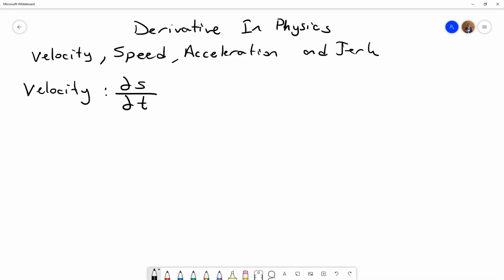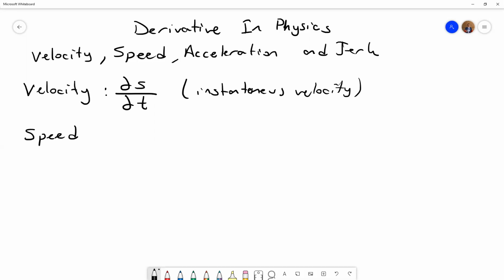This is our function, so this function's derivative with respect to t gives us the velocity. This is the instantaneous velocity.